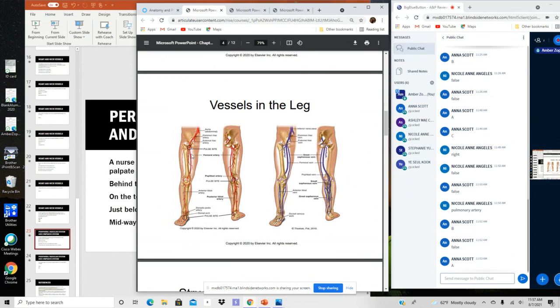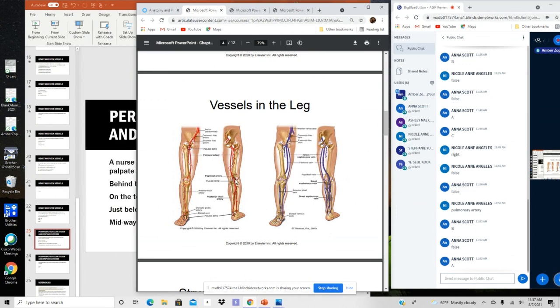It's just underneath this iliac crest here, kind of near the patient's groin. Then the femoral artery becomes the popliteal artery, right? So it's better visualized from the posterior view. And that can be palpated in the back of the knee. That's why this is circled and it says pulse site, because the popliteal artery can be palpated behind the knee.